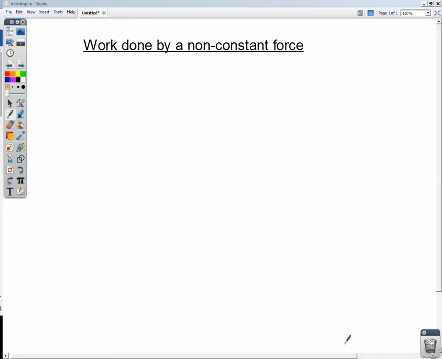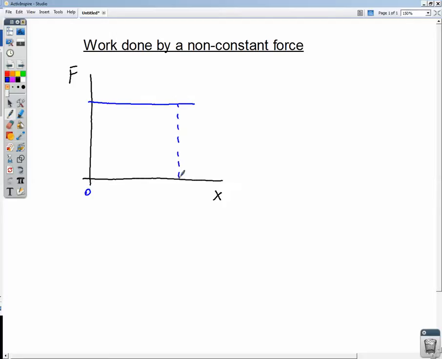To get there, let's first talk about the work done by a constant force, but let's graph it. On the vertical axis, we've got F, and on the horizontal axis, we have x. If it's a constant force, then it's represented by a horizontal line. If we want to know the work done from some position x equals 0 to some position out here at x1, then we know that the work is equal to force dotted with dx.